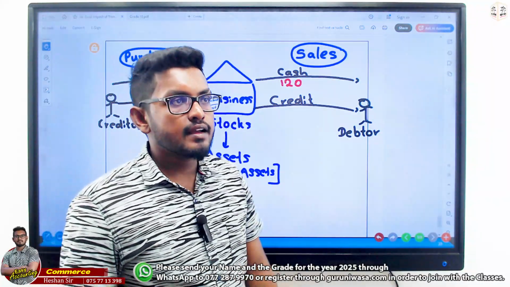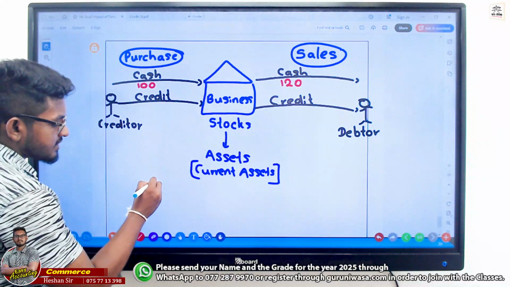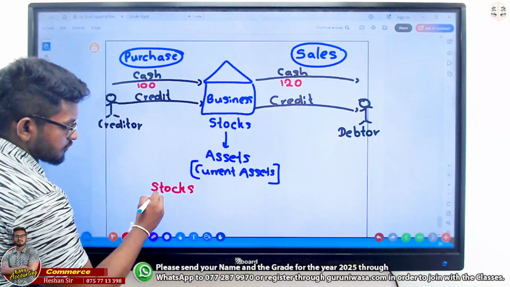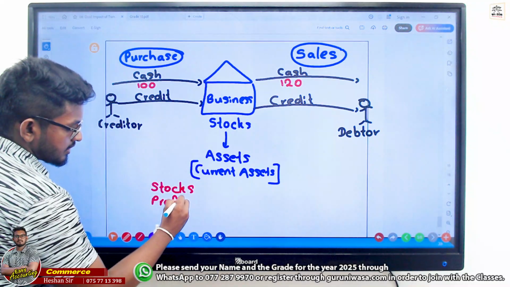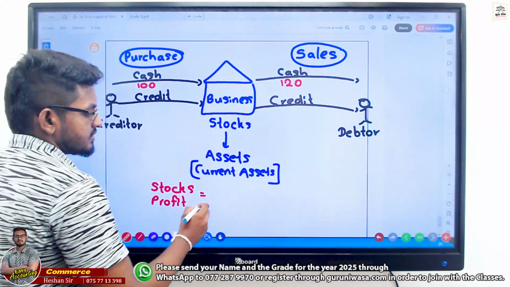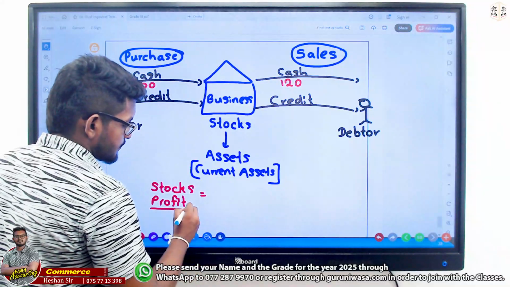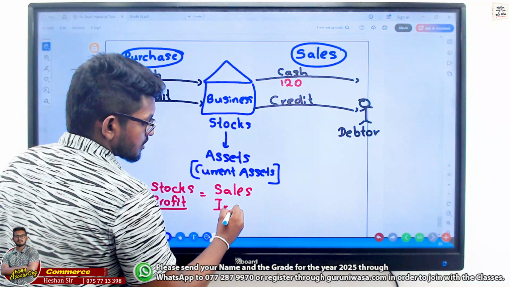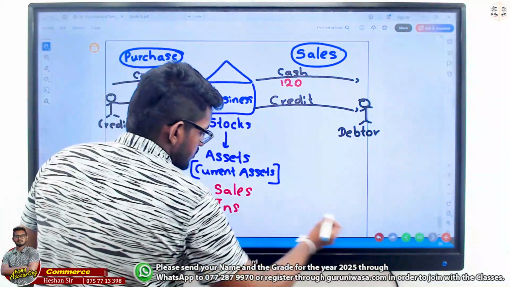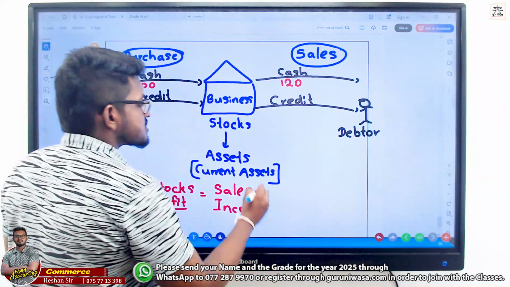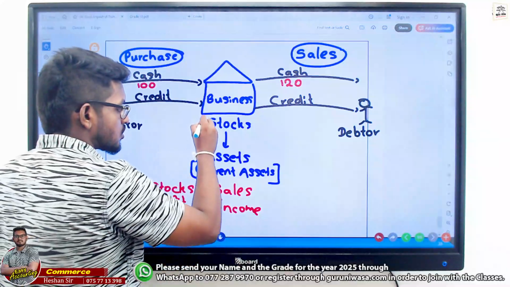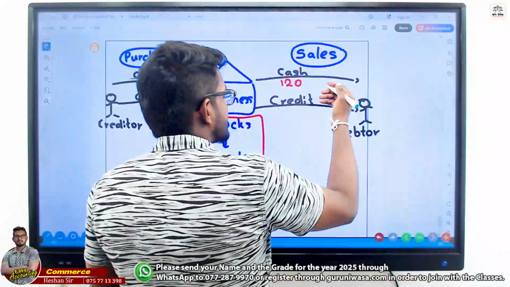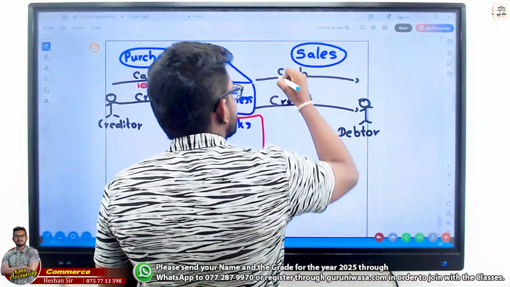Understand? So to calculate stocks profit, we need to concern: profit equals income minus expenses. Though the stocks are assets, stocks sales we concern as income.